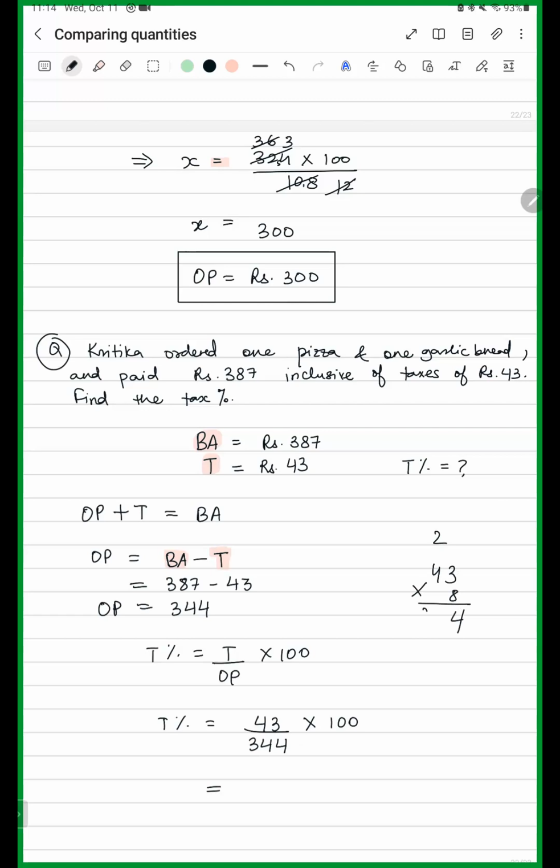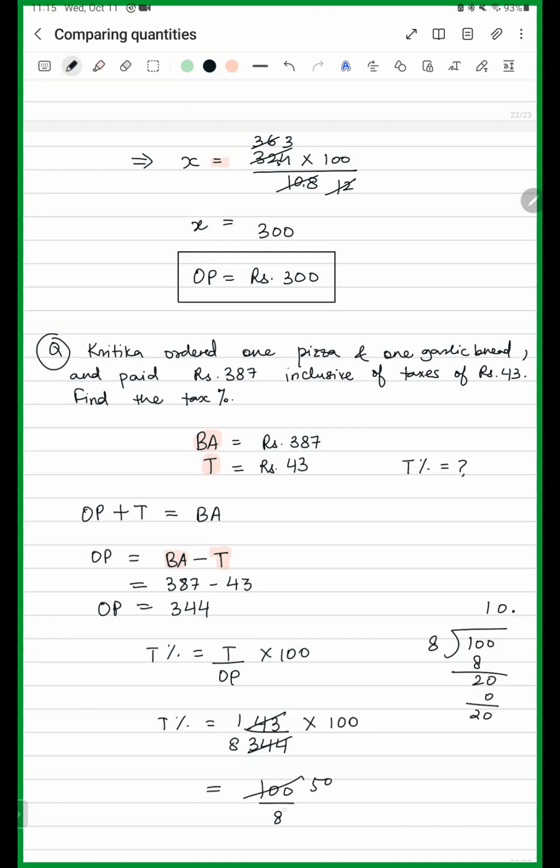So 43 into 8 is 344. So it is 100 divided by 8. Now you do the 100 divided by 8. We can cancel it. So 50 and 4.